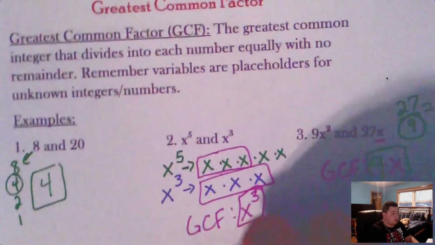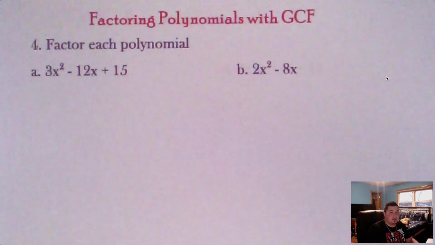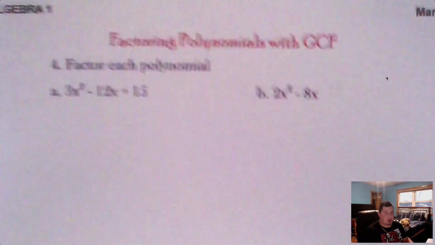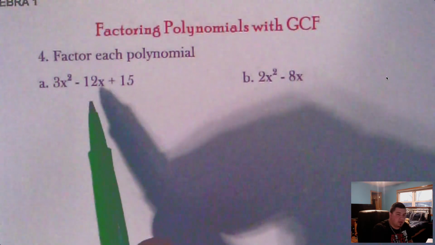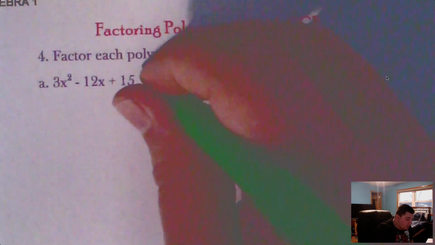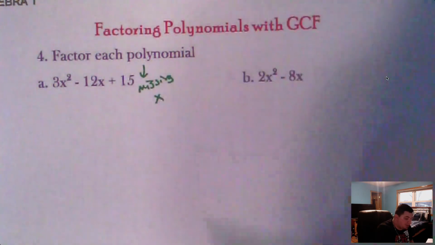Okay. So now that's just labeling the GCF. Here's how we actually factor using the GCF. All right. So in the first one, again, it has to be all or none. I look in the first one and I have 3x squared, negative 12, and I got 15. X is off the table because this is missing an x value.